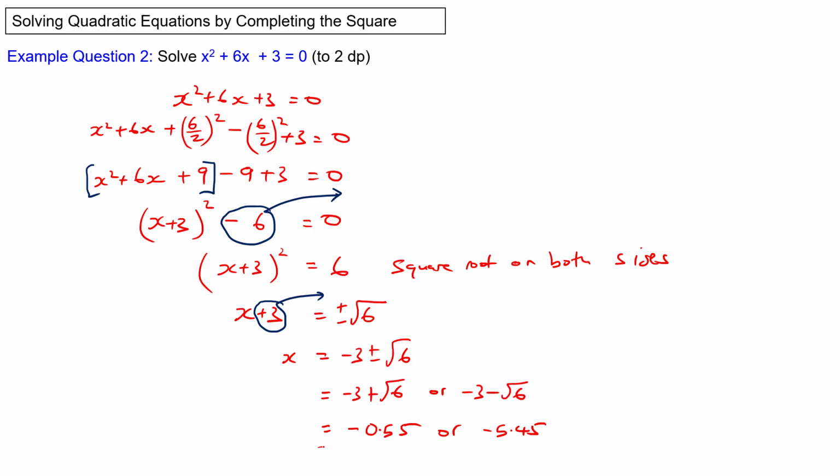I need you to plug that into your calculator just to check that you're happy with putting those numbers and symbols in. Once you've checked it, hit pause, copy the example down, and we'll have a look at example 3.